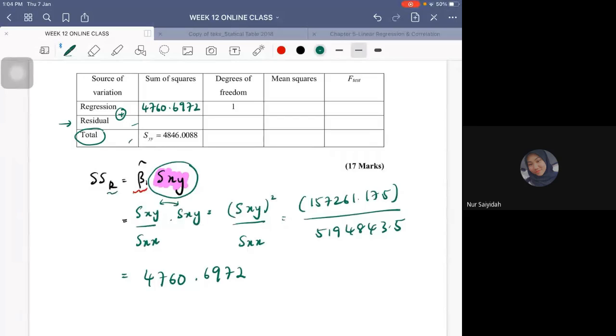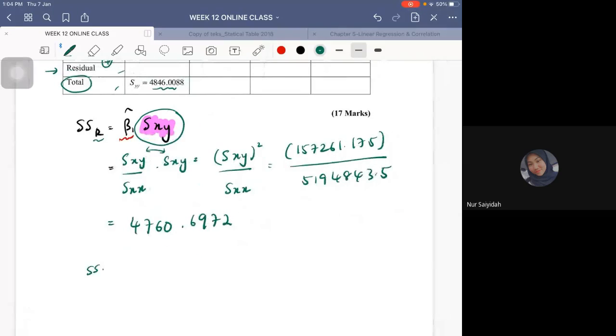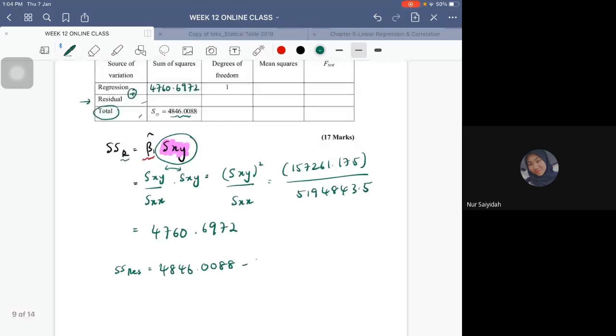Now that the total value is already given, all you have to do is subtract. So my sum square residual is given by 4846.0088 minus 4760.6972. What will be the value for that then?